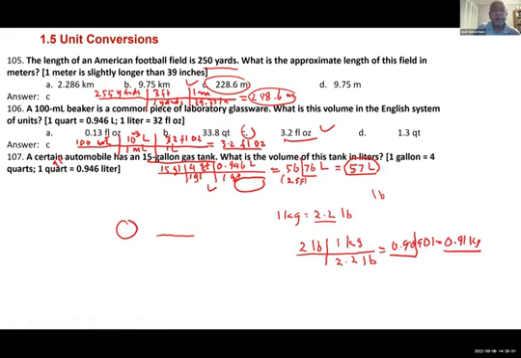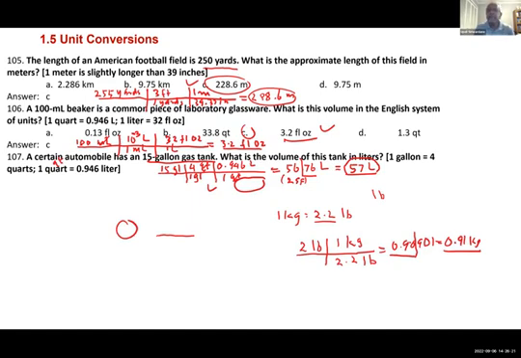A certain automobile has a 15-gallon tank. What is the volume of this gallon in liters? Normally our cars have 15 gallons. At least my van has a 15-gallon tank. So how many liters? If you go to Europe, you will be doing liters.